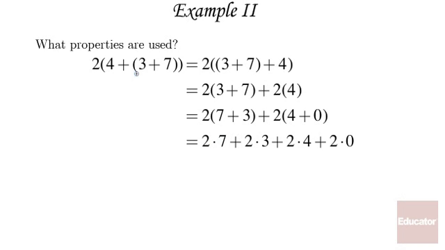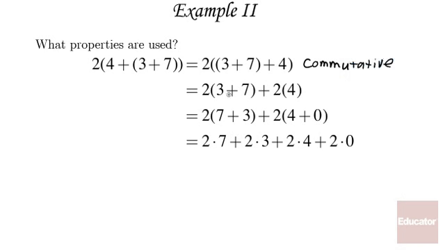The order of these were switched. 3 plus 7 is still grouped together in parentheses, but it was put before the 4. So remember that the commutative property is the property that says that when adding, you can change the order that you're adding terms in and still get the same result. So this is a commutative property.